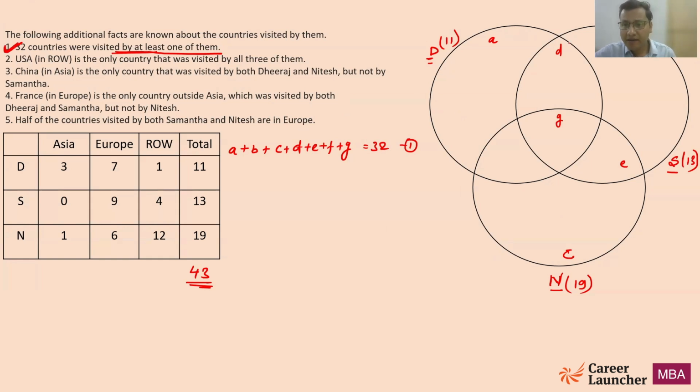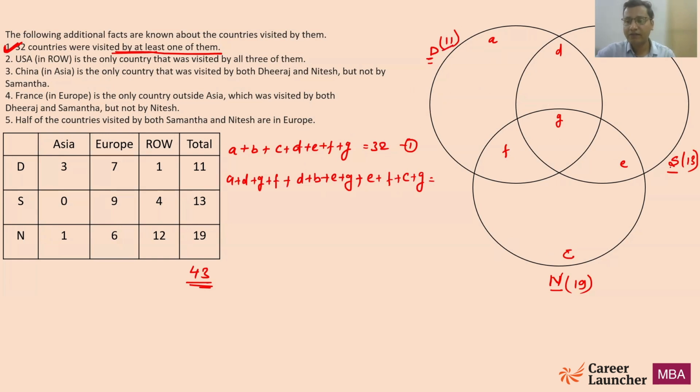Similarly, now if we add these circles individually, for Dheeraj I can write A plus D plus G plus F. For Samantha, it is D plus B plus E plus G. And for Nitesh, it is E plus F plus C plus G. All these circles are individually added.